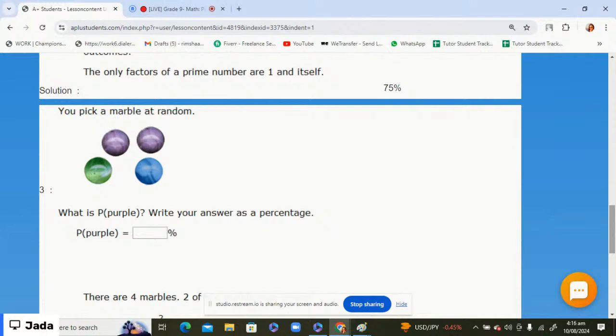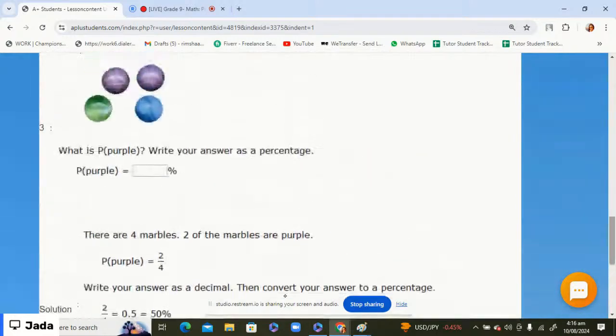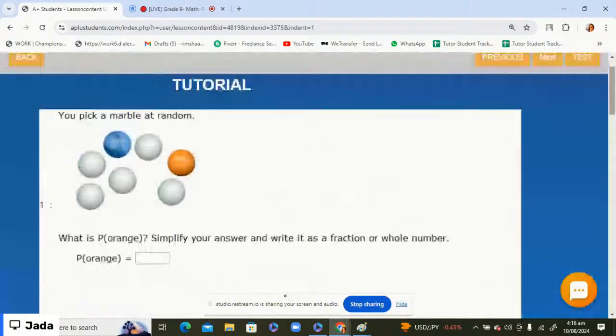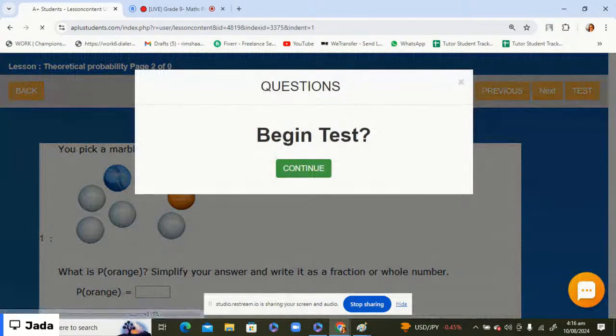First we check how many total balls there are. The total balls is 4. And how many purple? There are 2 purples, so it's 2 by 4. This is 1 by 2, again 0.5, and this is 50%. Okay, let's do some test questions for that.